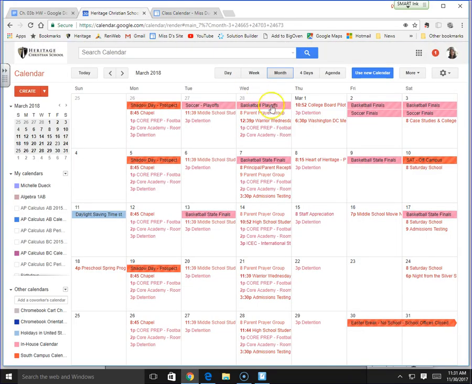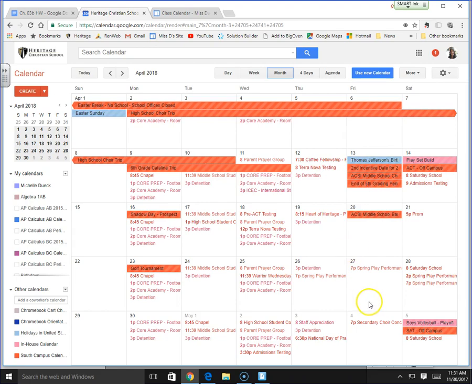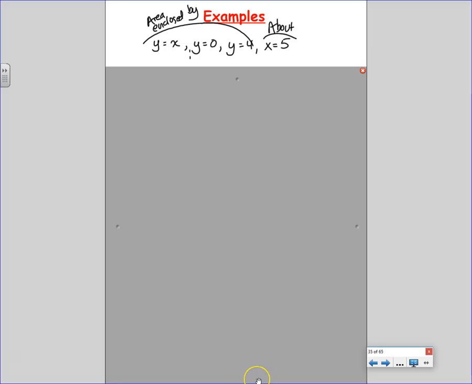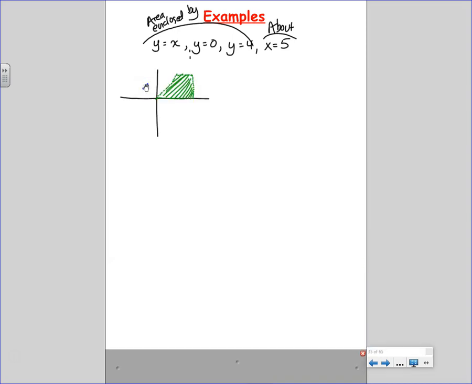It goes like this, 0 to 4. You can't go to 5. You guys get the right region?